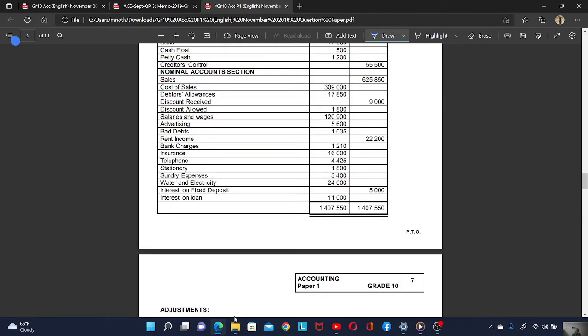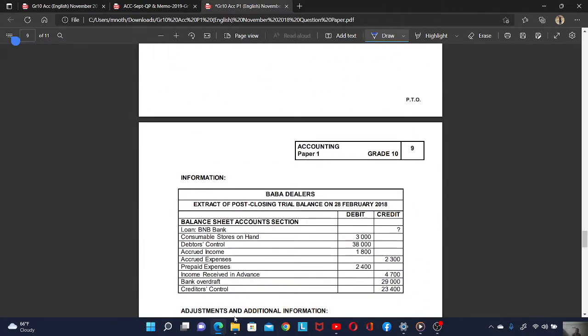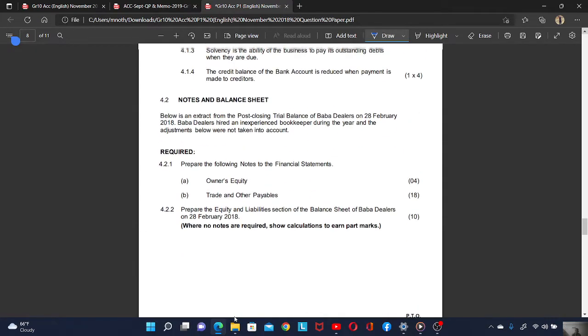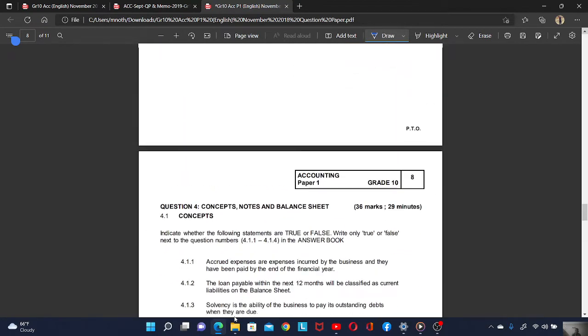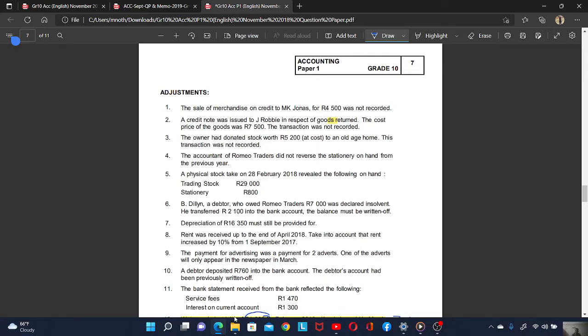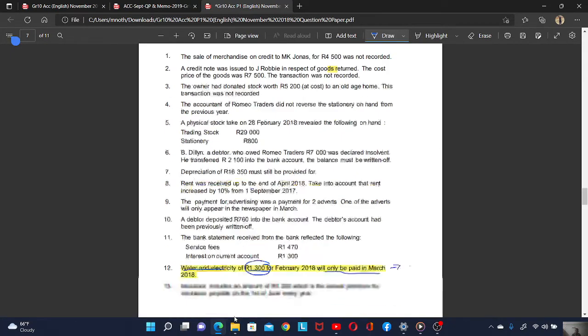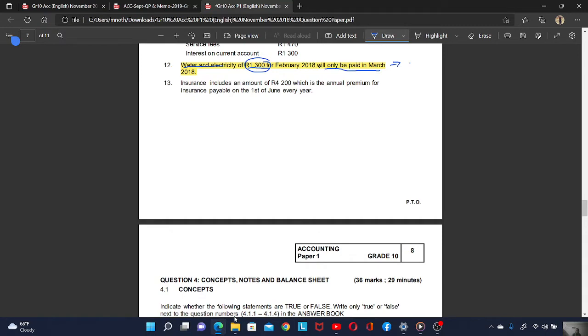So how much is the water net receipt? It's 24,000. The water and electricity, it's 24,000.